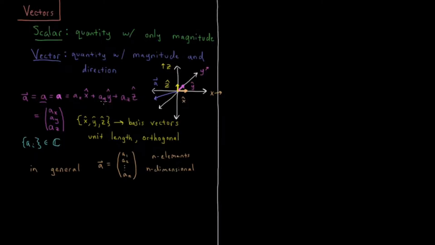So the vector A is equal to its component in the x direction times the x unit vector, a length 1 in the direction x, plus its magnitude in y times the y unit vector, length 1 in the direction y, plus the component in the z direction, length in z times a unit vector in the z direction.